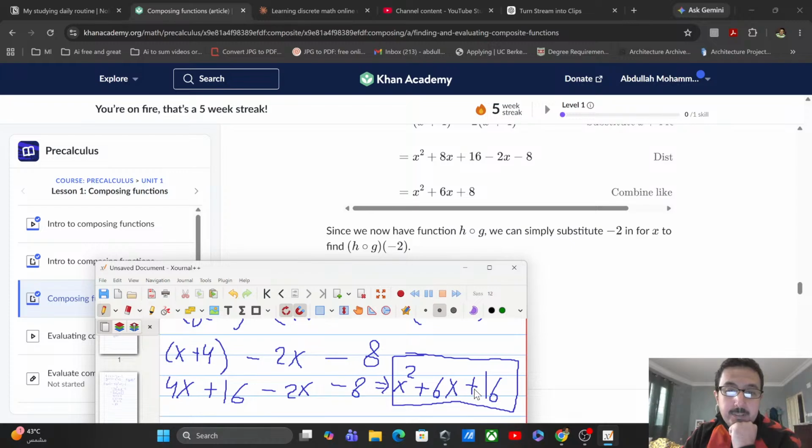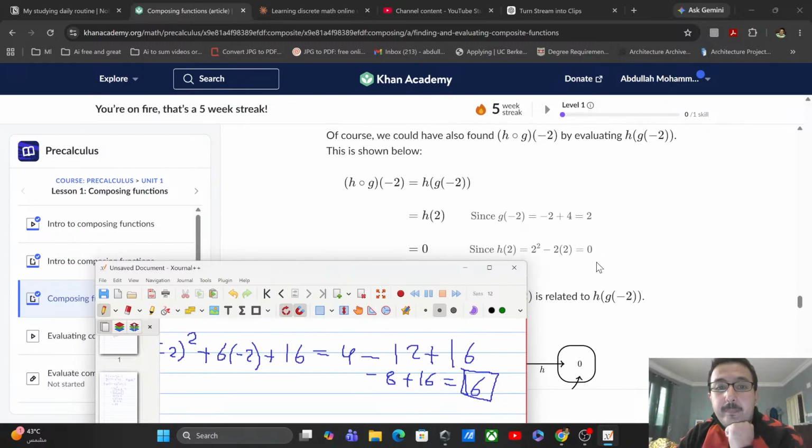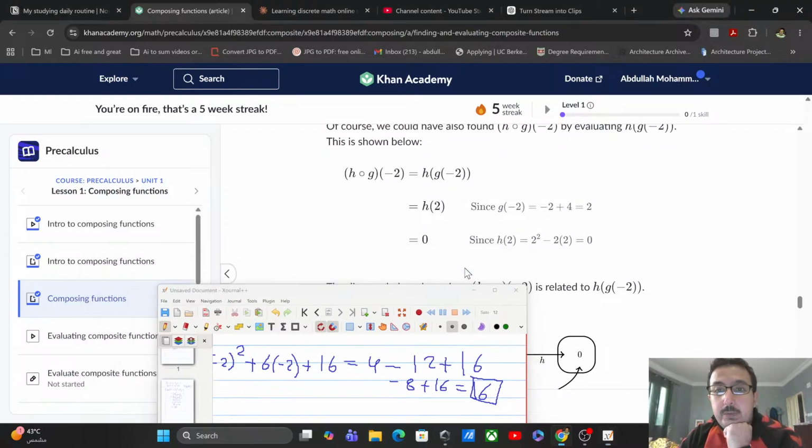We forgot the minus 8. Always forgetting something. So plus 16 minus 8 is 8. That's x squared plus 6x plus 8, that's correct. So it's equal 0.